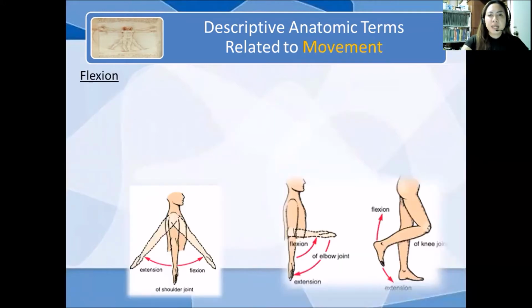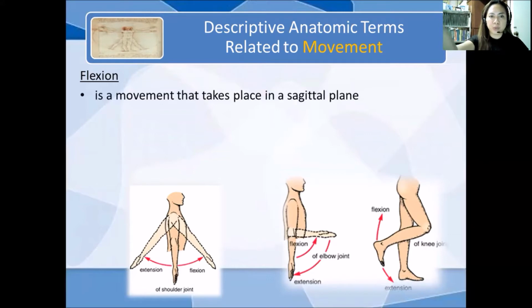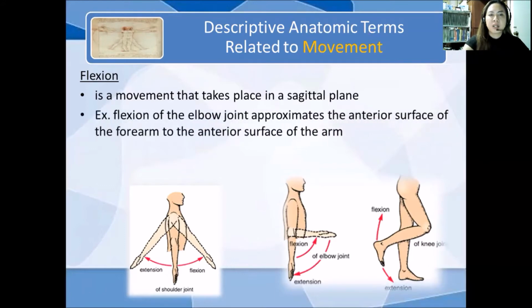Okay? Then another movement we have is flexion. What is flexion? When we try to flex, it is a movement that takes place in a sagittal plane. Okay? Sample. Flexion of the elbow joint approximates the anterior surface of the forearm to the anterior surface of the arm. So that's how we flex.